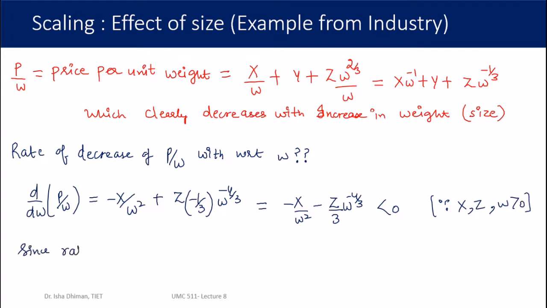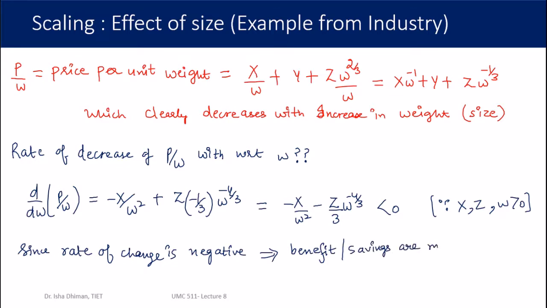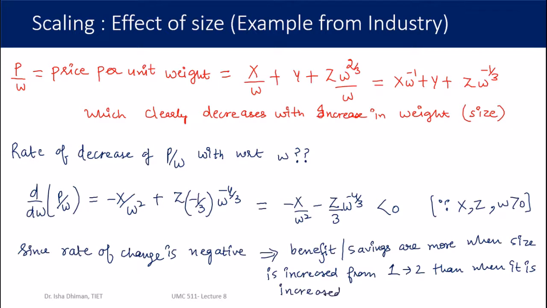So since the rate is negative, that means okay, decrease is happening, but it's happening at a lesser rate. That means the benefit or savings are more when the size is increased from a certain size 1 to a certain size 2, say doubled, than when it is increased from 2 to 4.